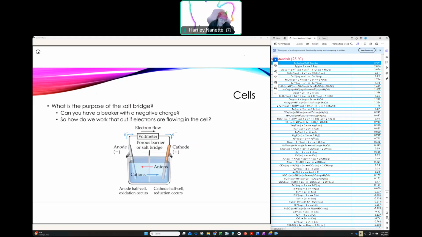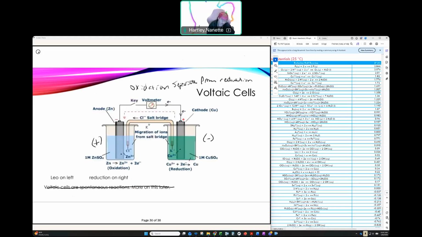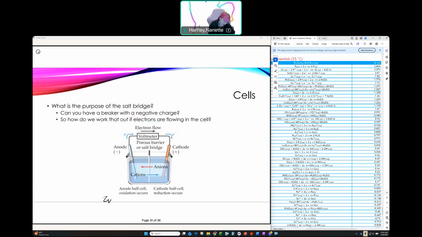If we're talking about the same system, where I have Zn going to Zn2+ plus 2 e-, and on this side I have Cu2+ plus 2 e- going to Cu, we have to have some counter ion that exists with the Zn2+. What we saw on the other one was that SO4 2- was present in both of these. That was the counter ion.